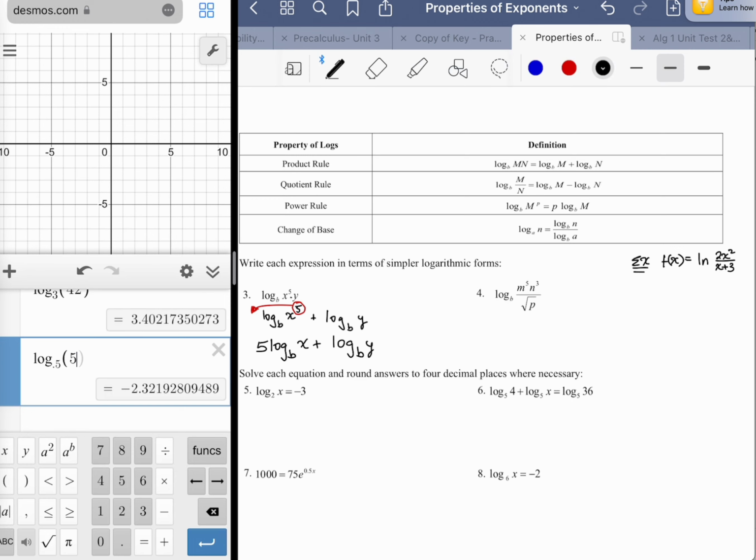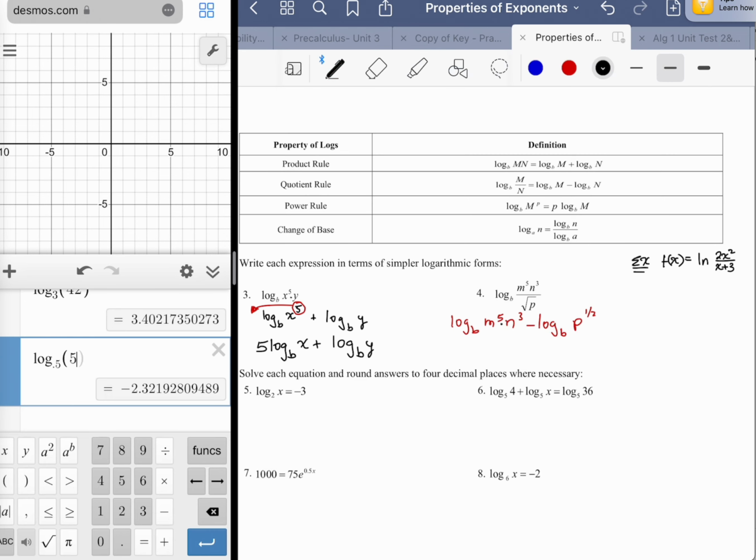But we could split this up and clean it up and end up with something much nicer. So we'd start off with the division, which would give us a little quotient rule. So log base b of m to the 5th, n to the 3rd, minus log base b, I'm going to write that p as p to the 1/2 power.